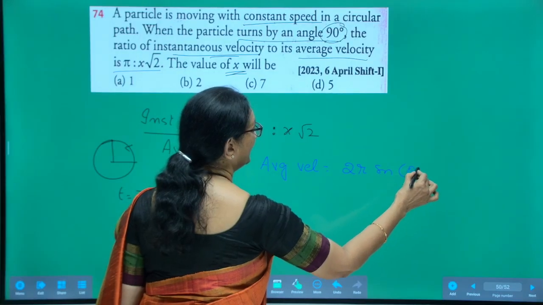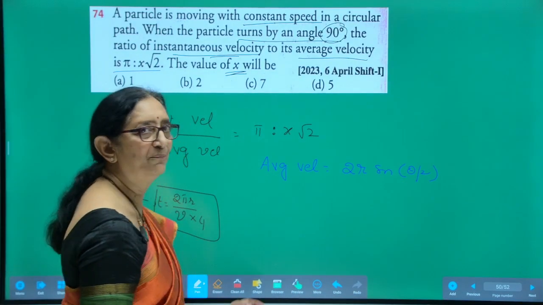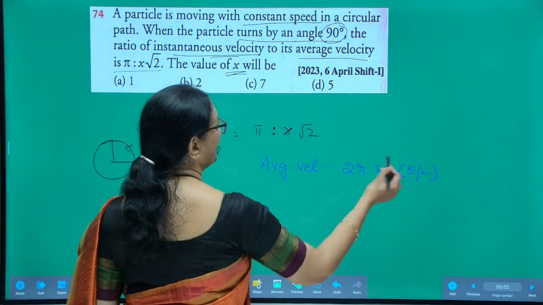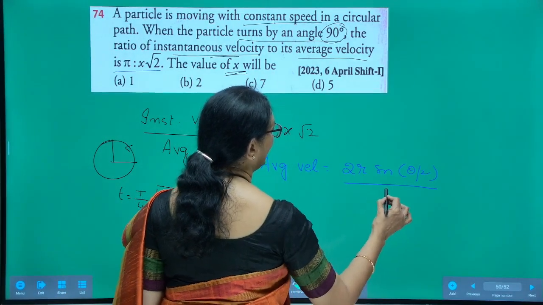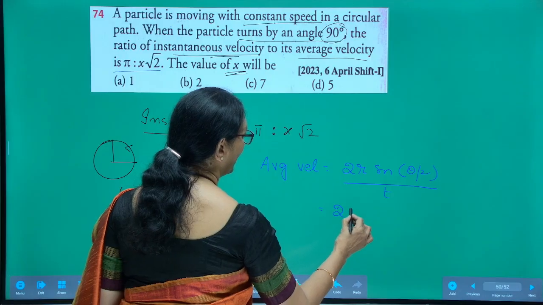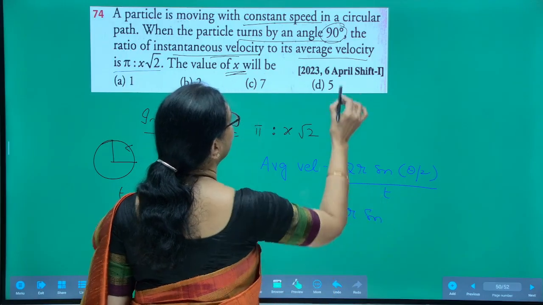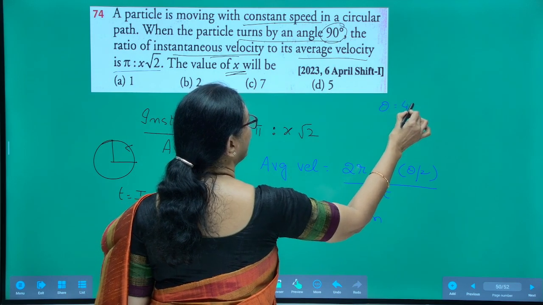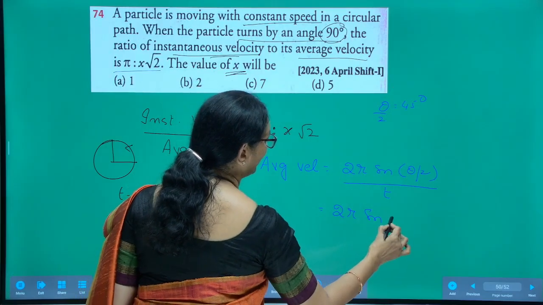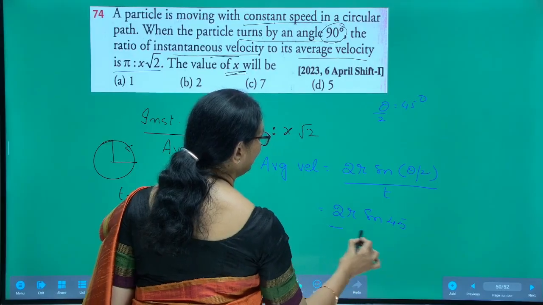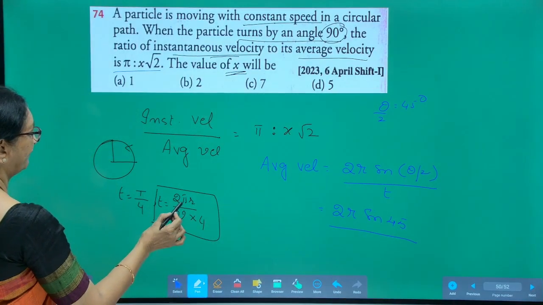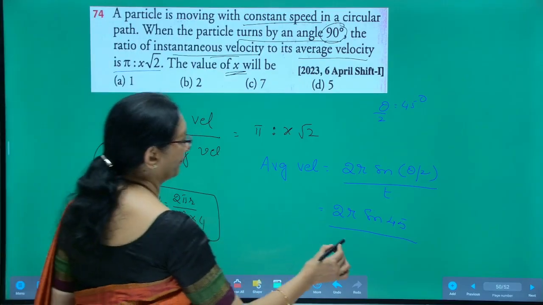Just in the previous problem we have seen, in case of a body moving in a circular path of radius r, after turning through an angle theta, displacement is 2r sin theta by 2, and if time taken is T. So here 2r sin, here theta is given as 90 degrees, so theta by 2 will be 45 degrees. So 2r sin 45 by capital T by 4. Capital T by 4 is 2 pi r by 4v.